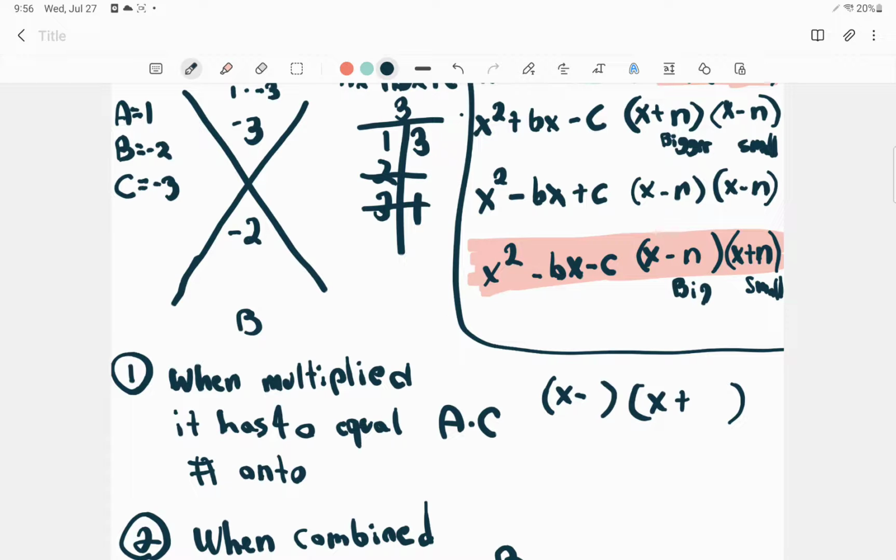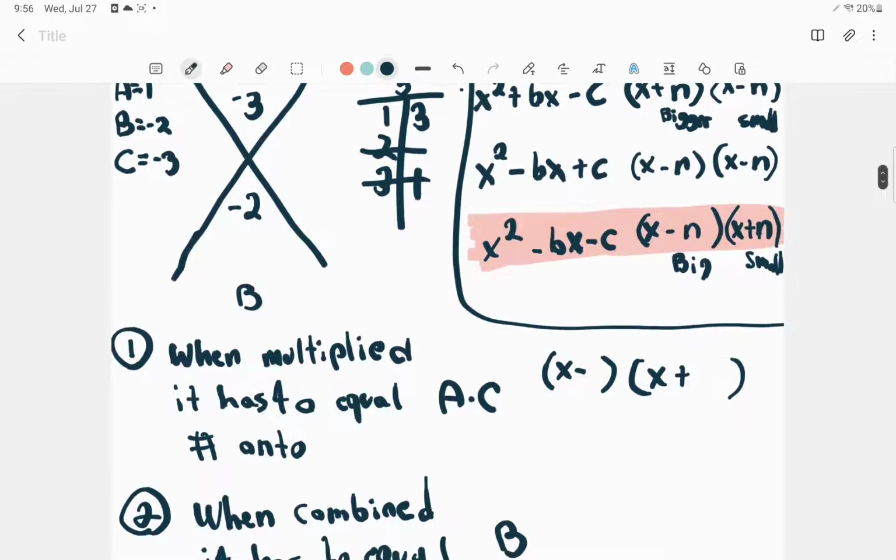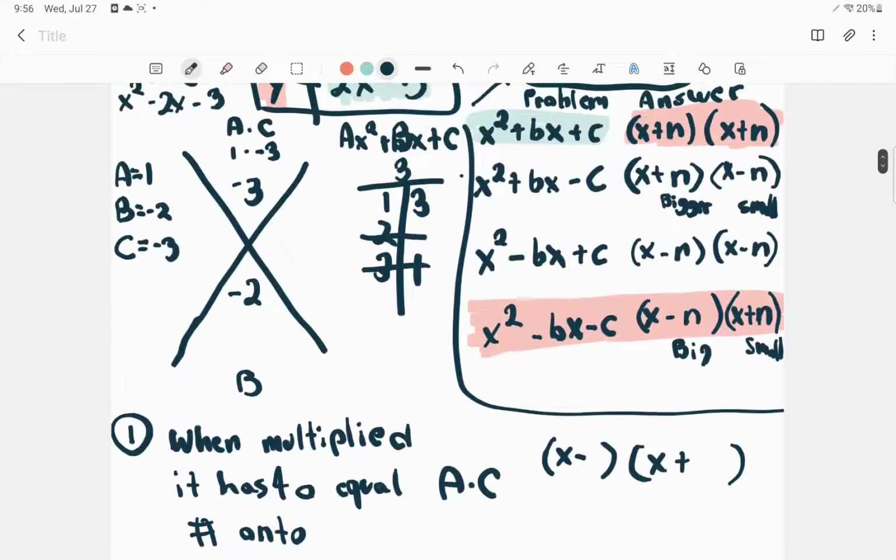My answer is going to kind of look like that. So what do I do from here? I know that my numbers are going to be 1 and 3, right? But now the only thing I need to decide is which one's going to be positive and which one's going to be negative. And if you look at the rule, it says that my big number is going to be negative. So I already know that I'm going to put the 3 over here and the 1 over here.